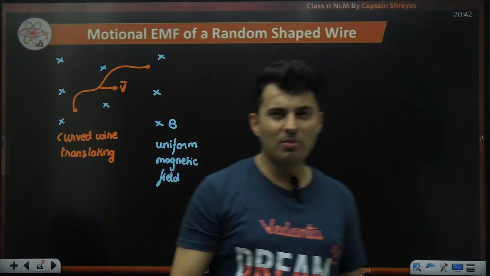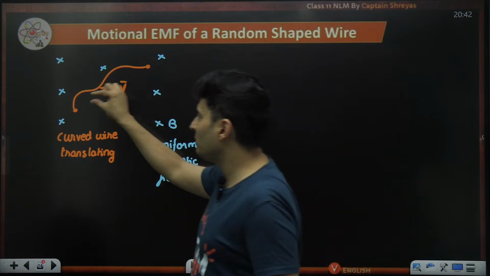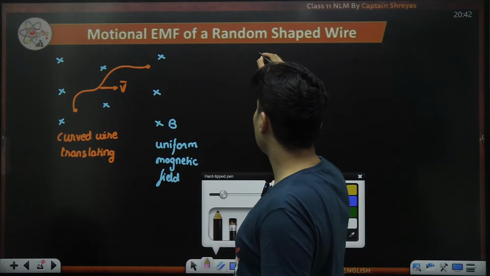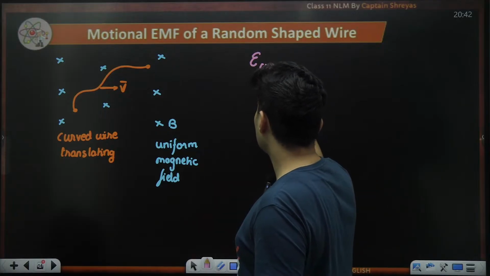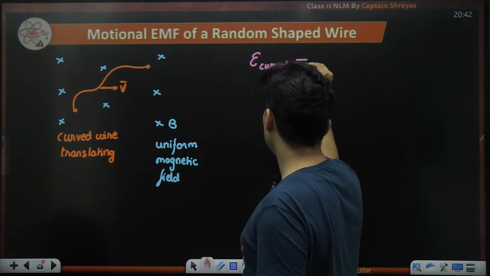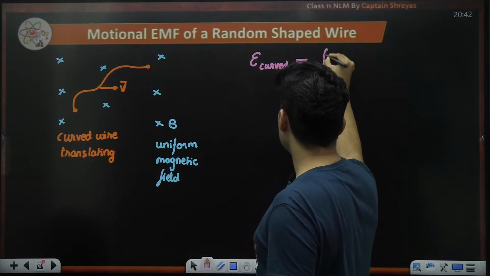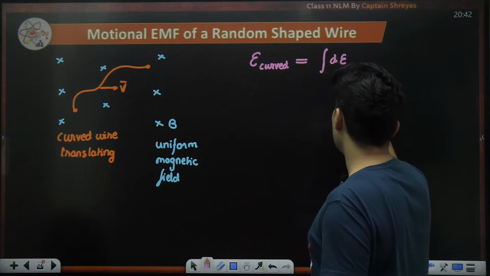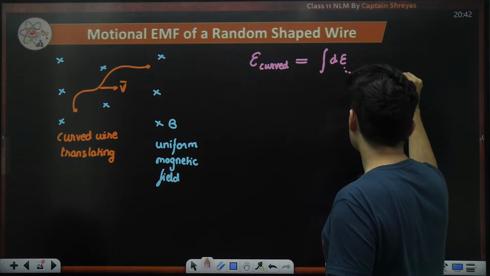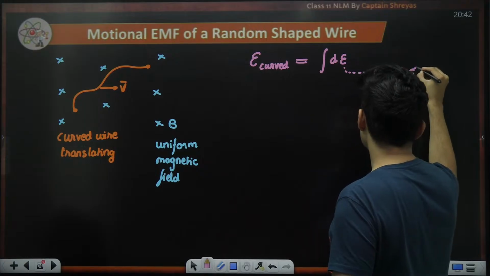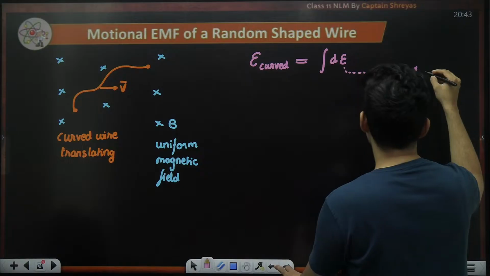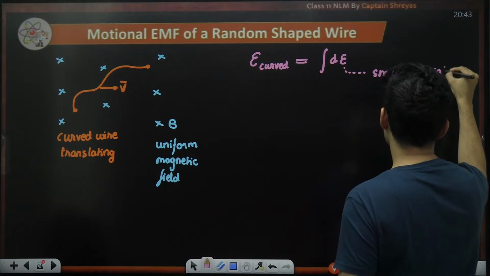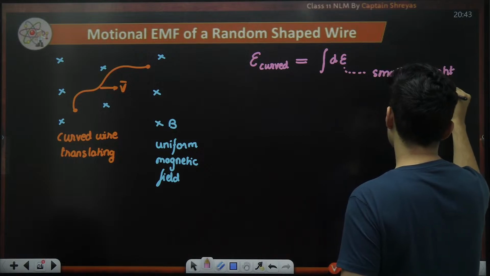Then the problem will be you have to split the wire into small parts to find the EMF. So the EMF in that curved wire will be the sum, meaning integration, of the small EMFs in all these small straight elements. You have to add that up.